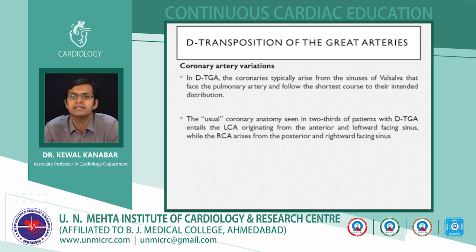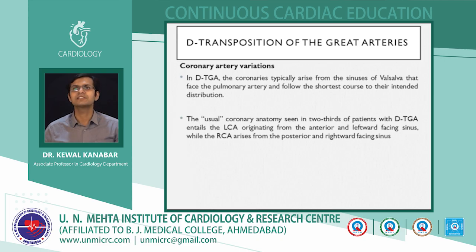Now, this level can be any. It could be an ASD, it could be a VSD, it could be a PDA, right? If it's a VSD or a PDA, it provides a good admixture between the systemic and the pulmonary circulation. But if the ventricular septum is intact and PDA is absent, then the only connection between these two is an atrium. And atrial septum, if there is a small ASD, then these patients are going to be intensely cyanotic.